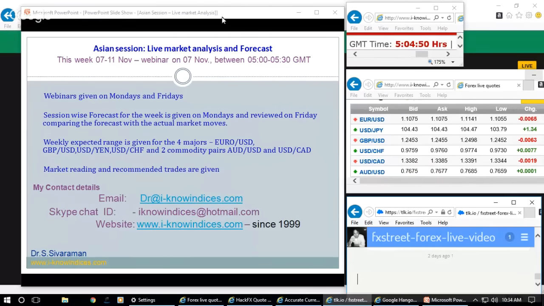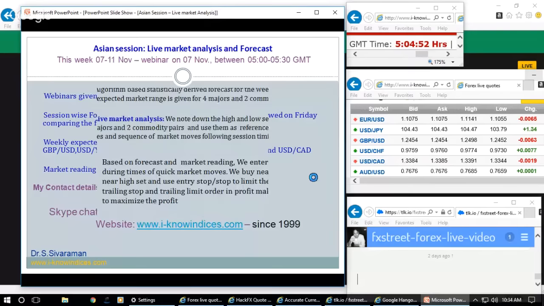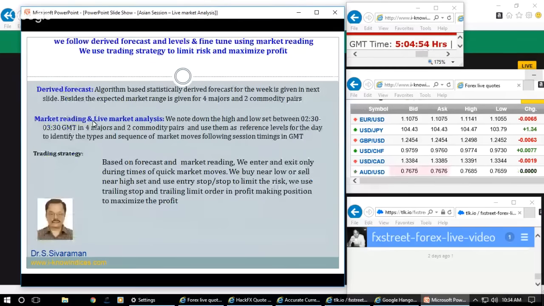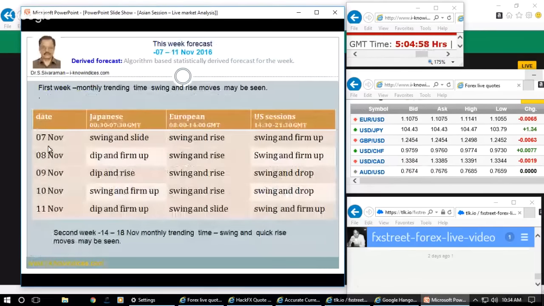First of all, the forecast. The derived forecast I'll explain to you. Now this is the first week of the month of November. The earlier week had the combination of October ending. As a result, they made volatile moves, the month end and month beginning trend reversal moves.